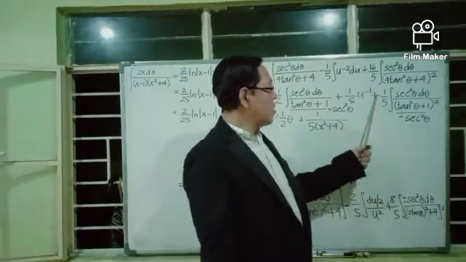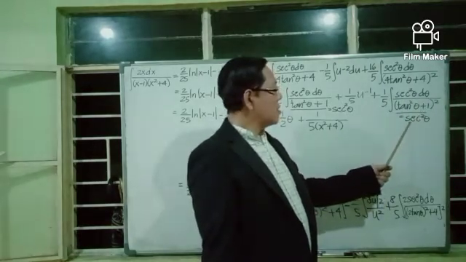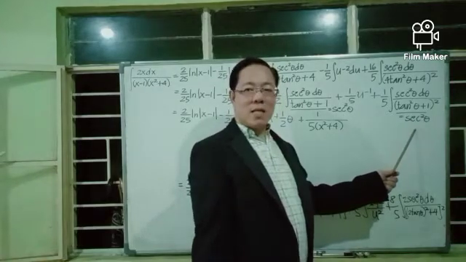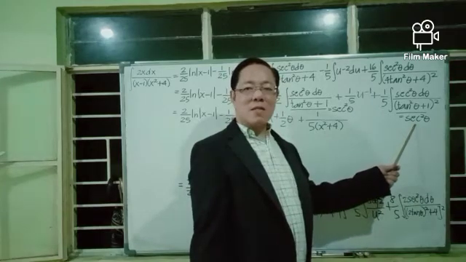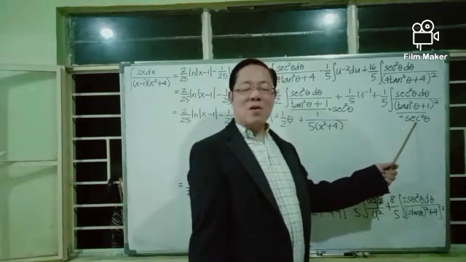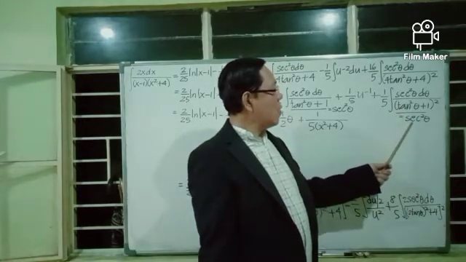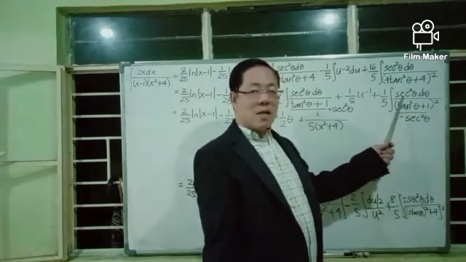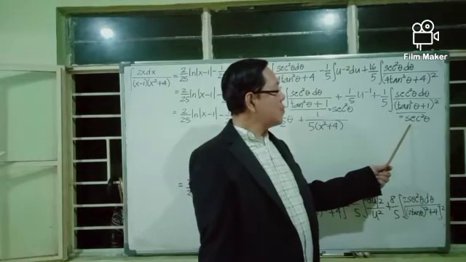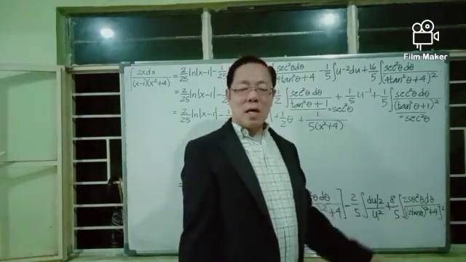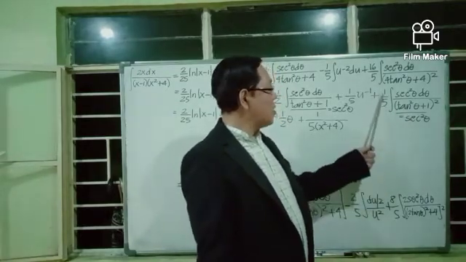And the last term is 1 over 5 secant squared theta d theta over the square of secant squared theta. The square of secant squared theta is secant theta to the power 4.